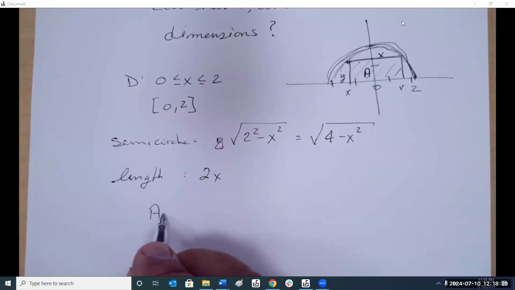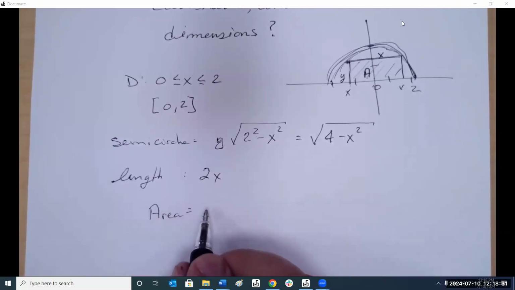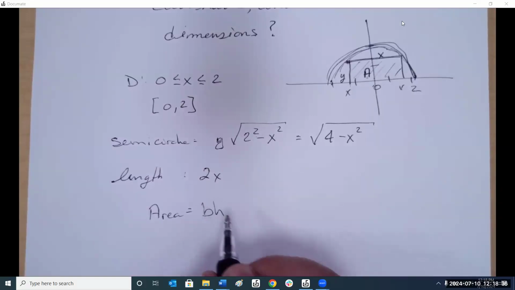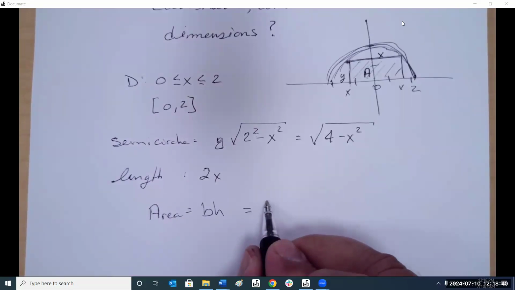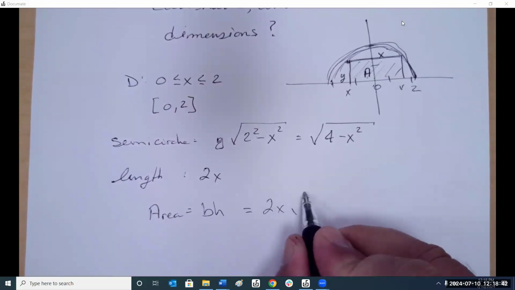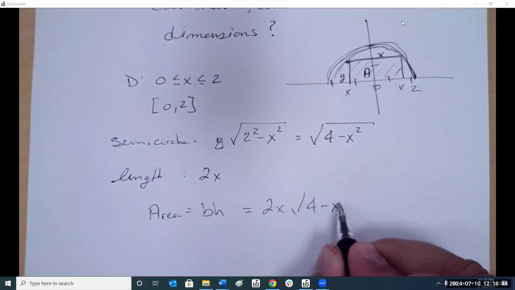So the area is going to be base times height, which is 2x times the square root of 4 minus x squared.